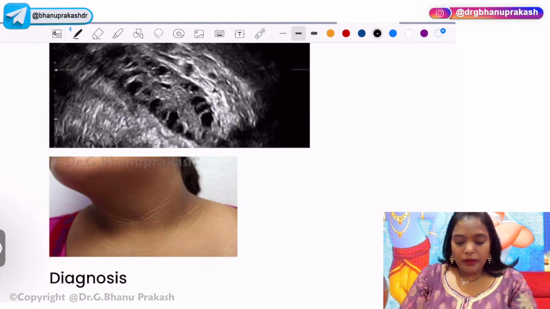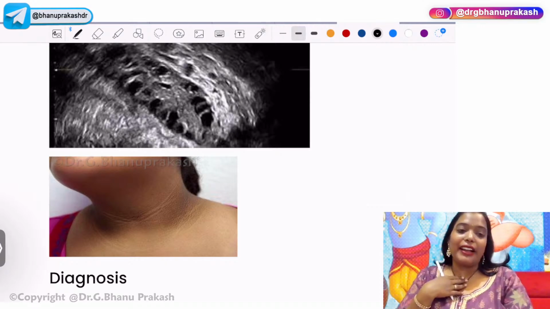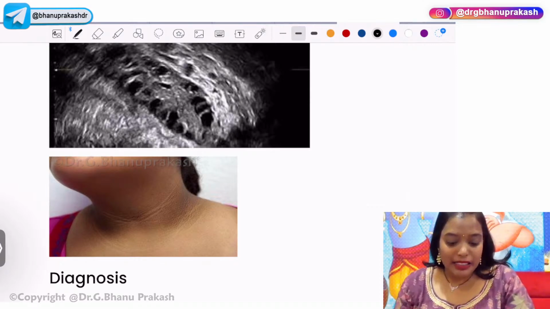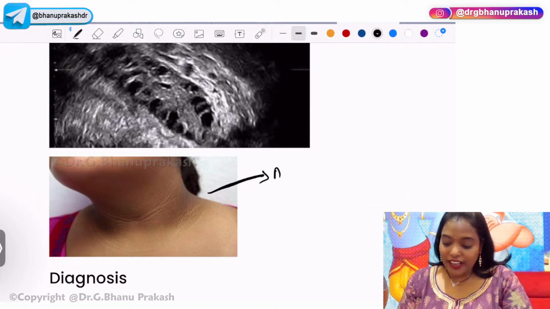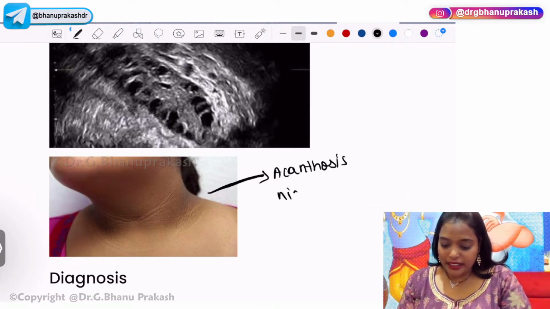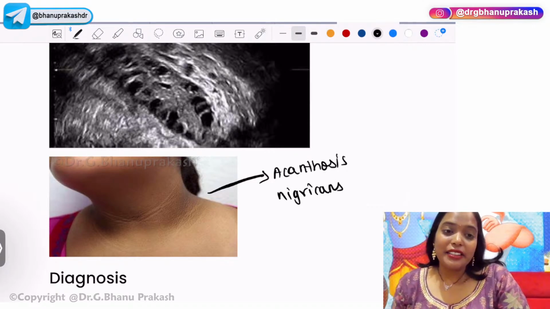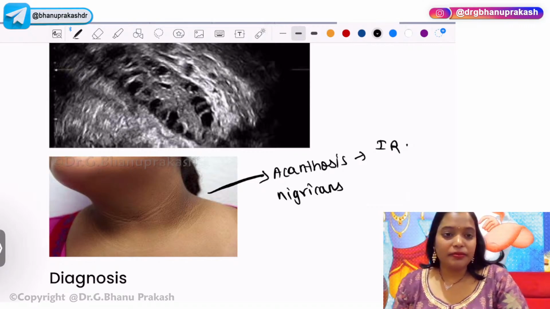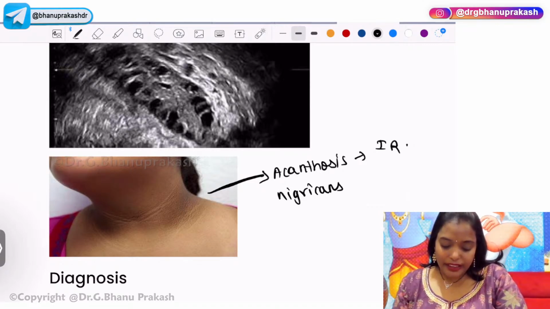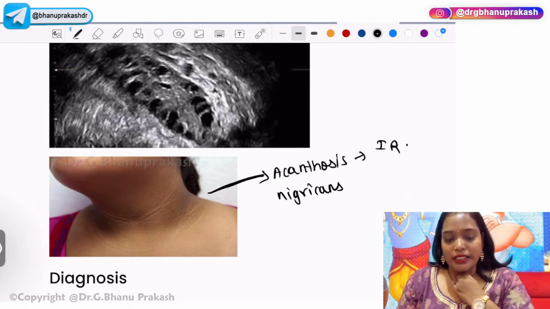Blackish discoloration on the neck or nape of the neck or axilla. Yes, excellent, Bunny. Very good. This is called acanthosis nigricans. Where do we see acanthosis nigricans? Acanthosis nigricans is mainly seen in insulin resistance.